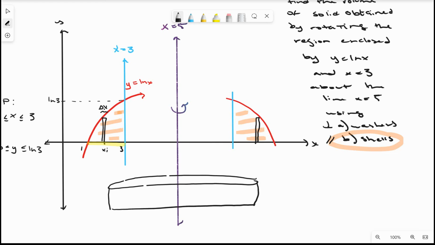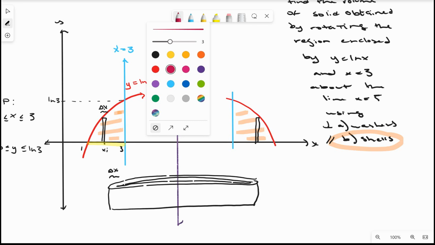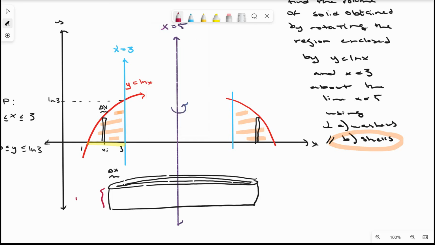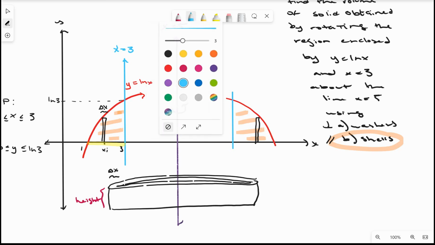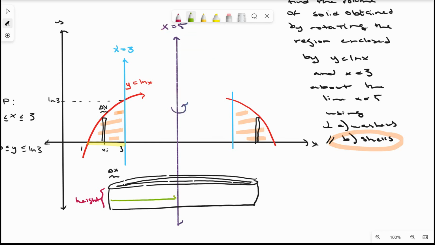And it's going to have these really thin walls, of width delta x. It's going to have the height right there, and it's going to have a radius right there.